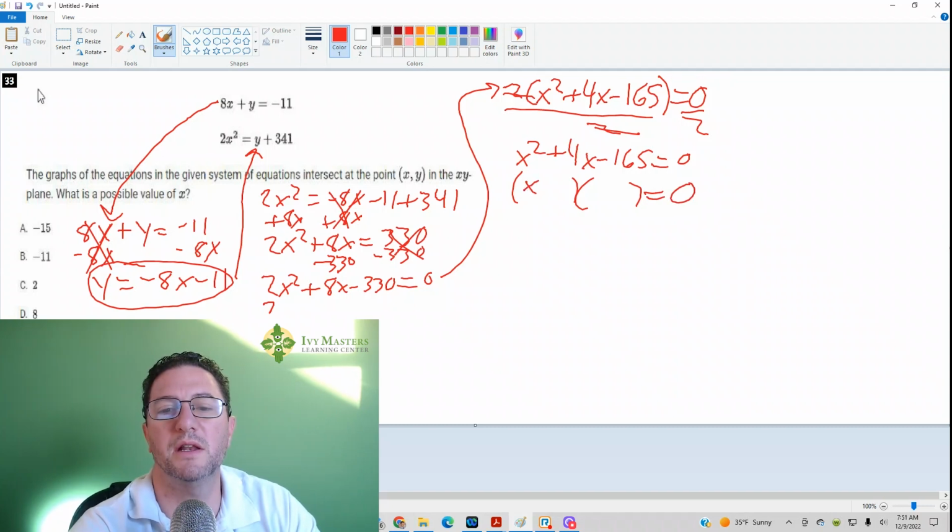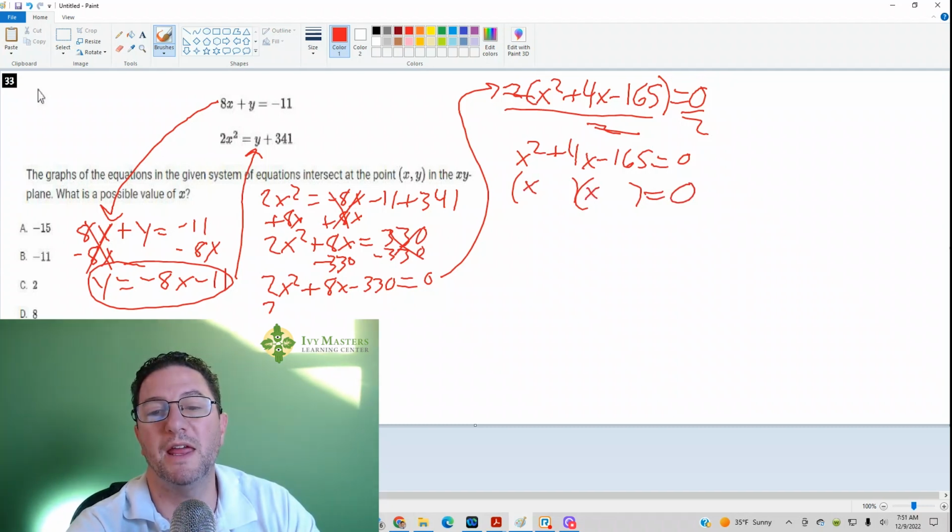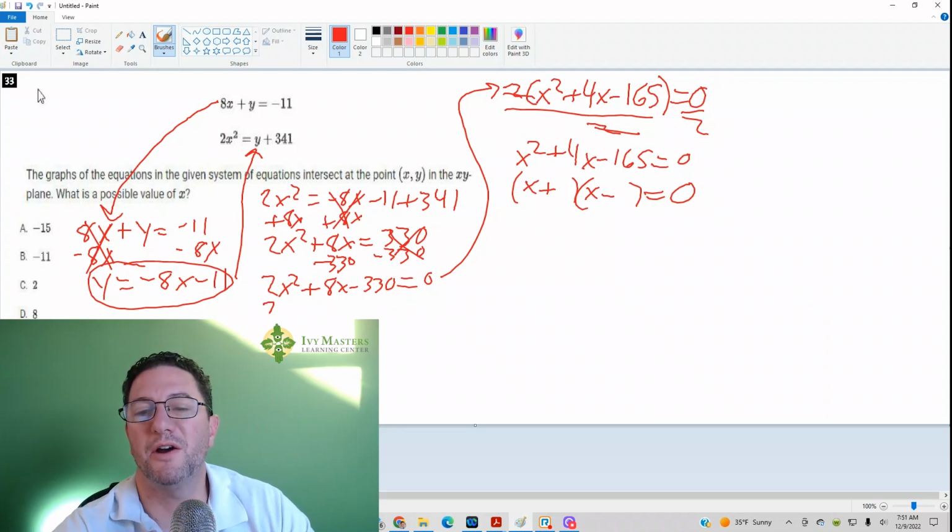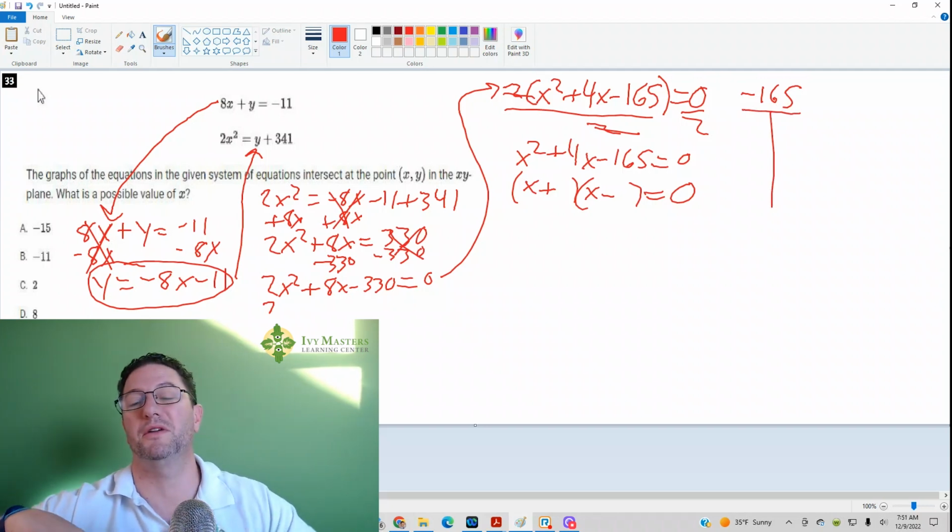In order to finish it, I've got to factor. You know an x and an x has to go here. You've got to multiply to get negative 165, and add to get positive 4. So you know your signs are going to be plus and minus. Now, factoring negative 165 could be a bear, really tough to factor.